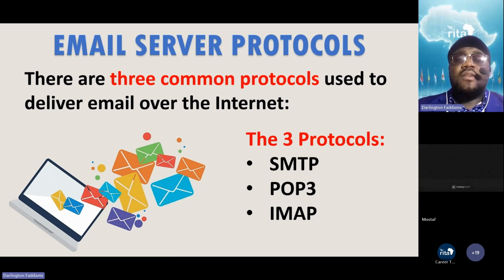The first one is called SMTP, or the Simple Mail Transfer Protocol. Then we have the Post Office Protocol version 3. And then we have the Internet Message Access Protocol, IMAP. With these three, we can clearly understand the outgoing mail server and the incoming mail server.